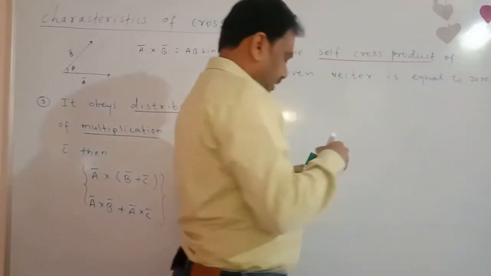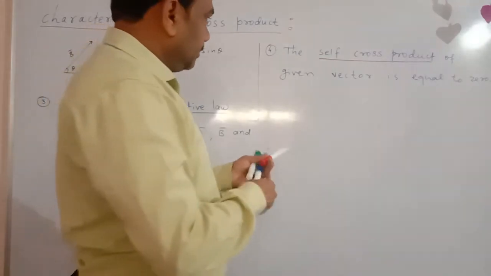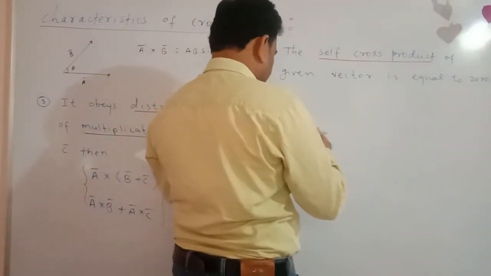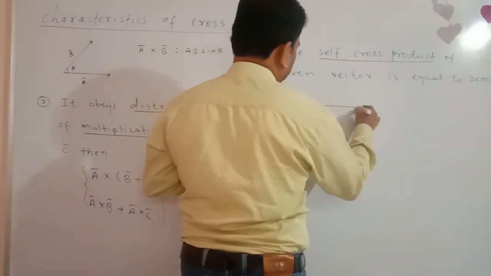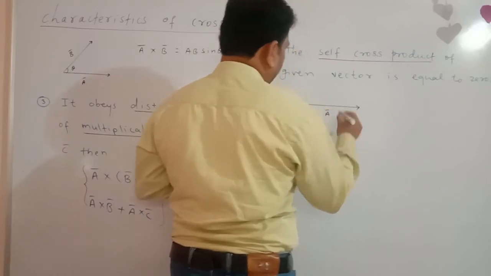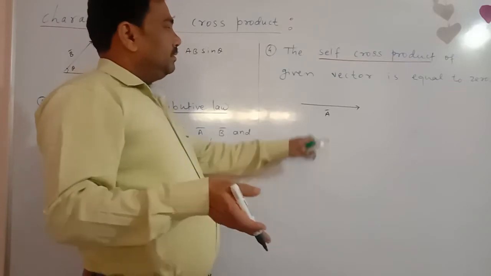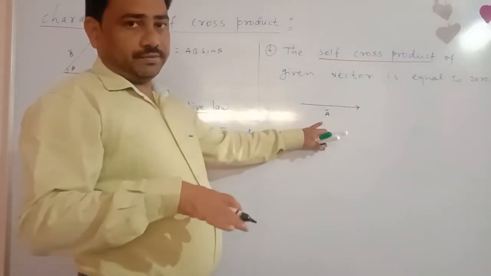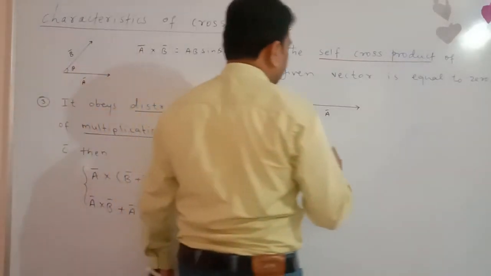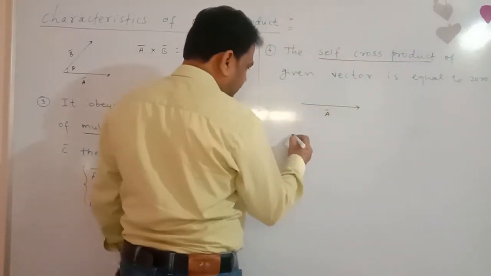The word self cross product indicates that if any vector is given, suppose vector A is the given vector, we take the cross product of this vector with itself. How can we write it?